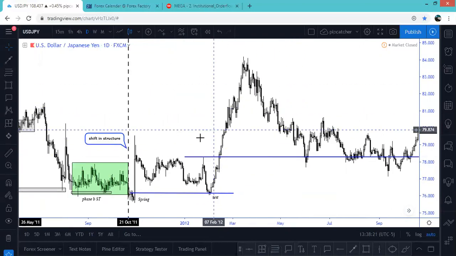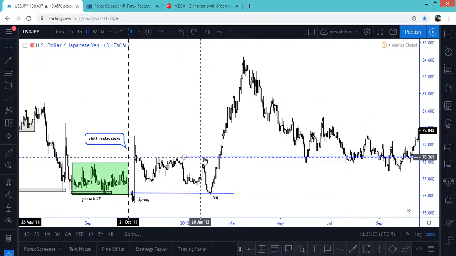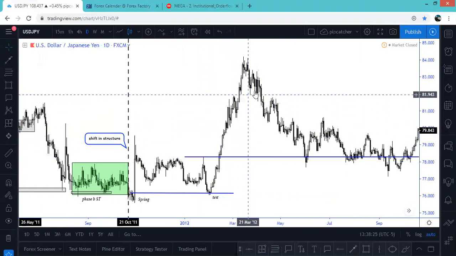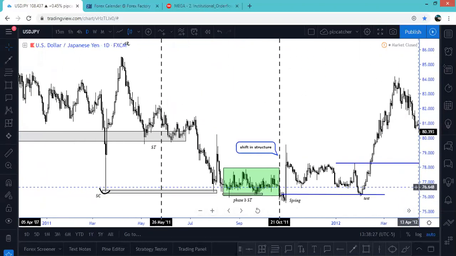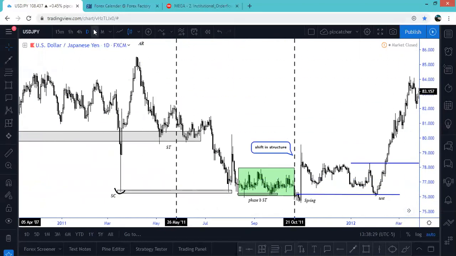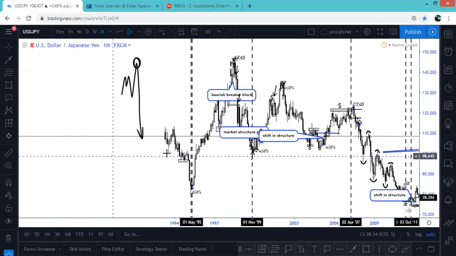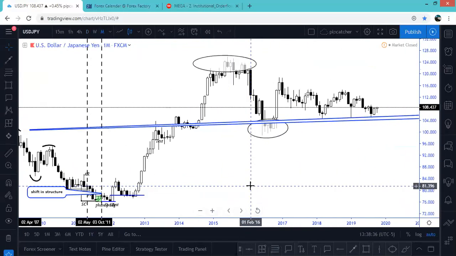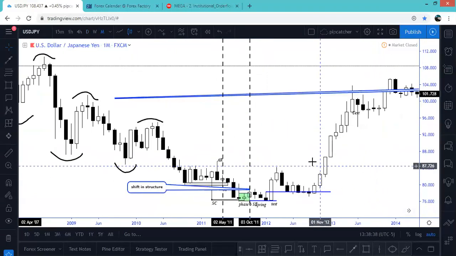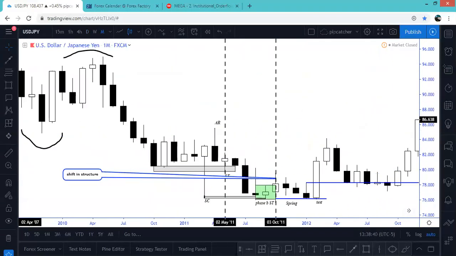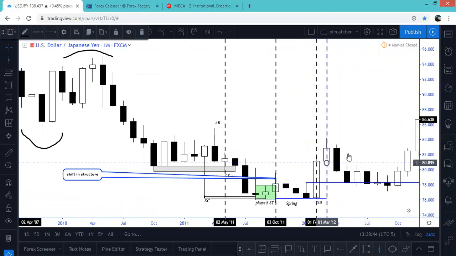What happens again? Okay, this was that monthly. So after this, say that the monthly candle had gotten formed, right? We'll just go to the monthly. Say that that monthly candle had gotten formed. So we'll go here to next month.